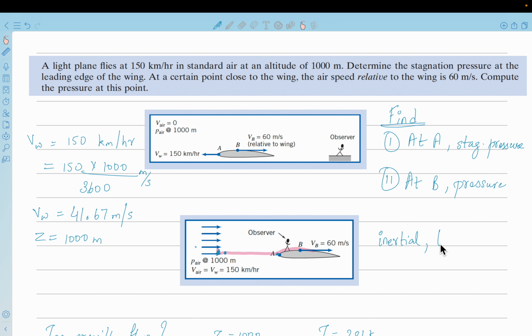So it is inertial but moving frame of reference. And in this frame, the flow is steady. Okay, so now I can apply the Bernoulli's equation.